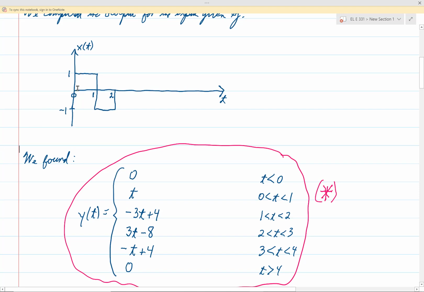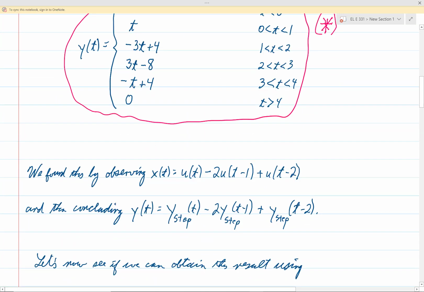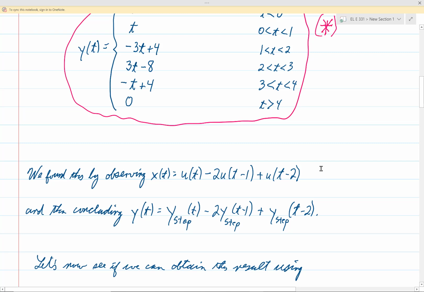There's u of t to make it jump up here at 0, minus 2u of t minus 1 to make it jump all the way from 1 down 2 units to negative 1, and then a plus u of t minus 2 to make it jump back up to the 0 level. So we observed that this is the expression for the input x of t.